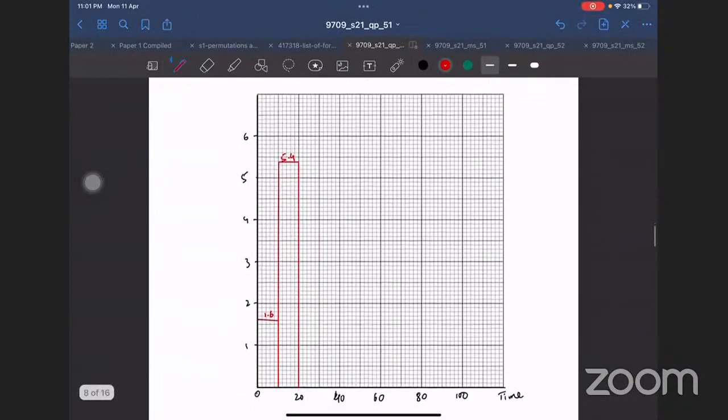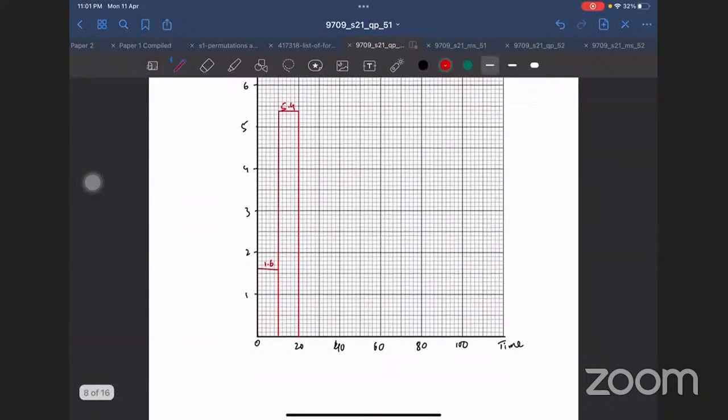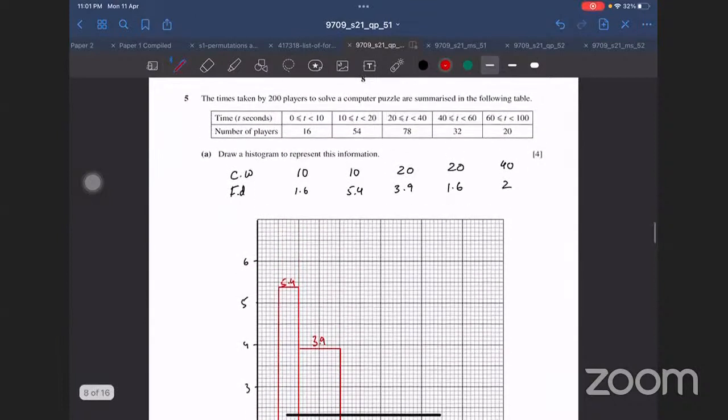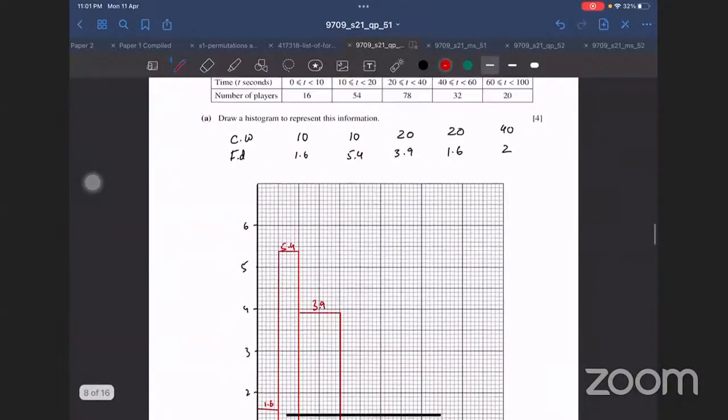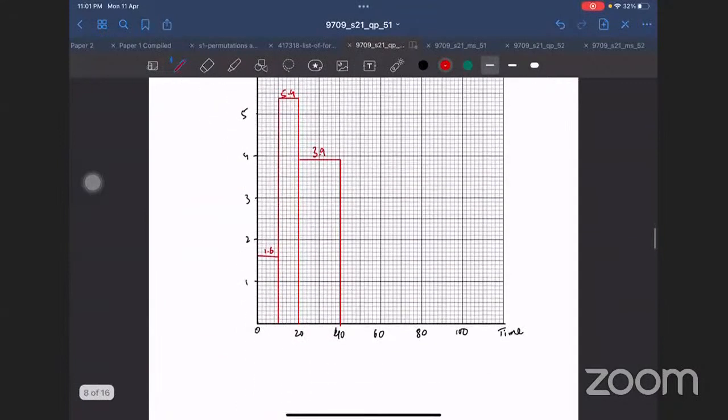Then from 20 to 40, it has a height of 3.9. And then 40 to 60, I have a height of 1.6.